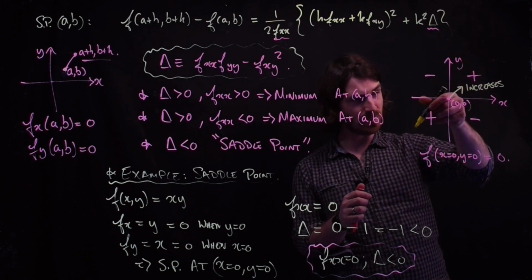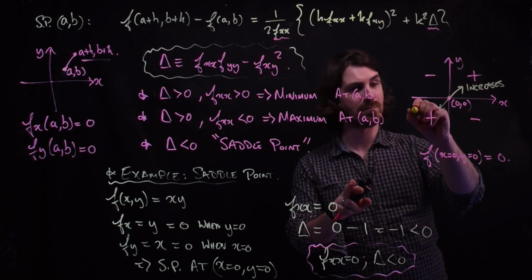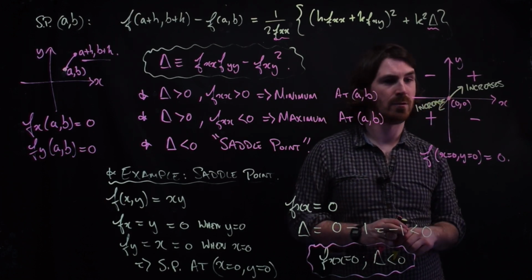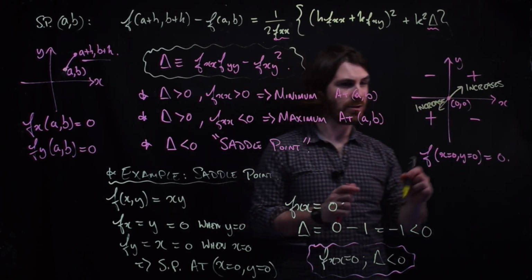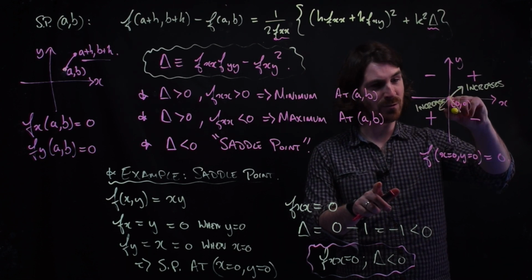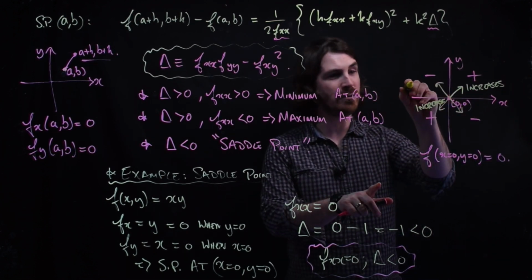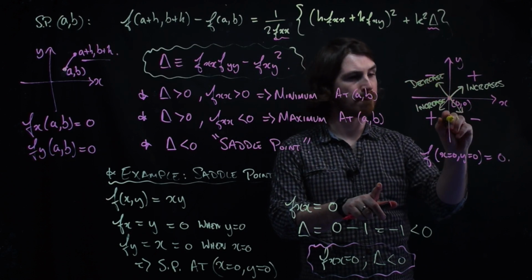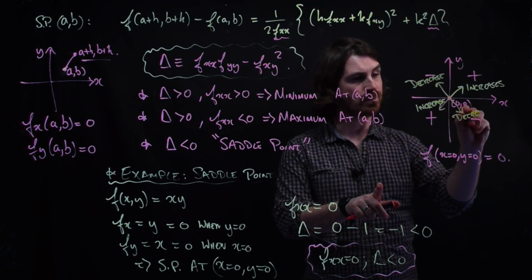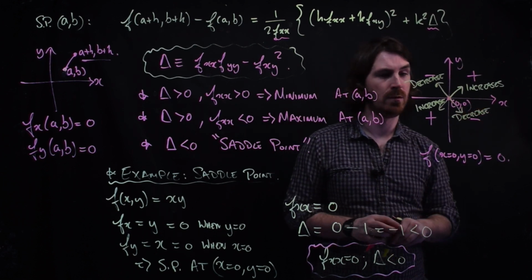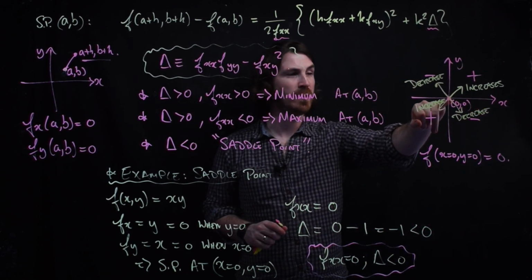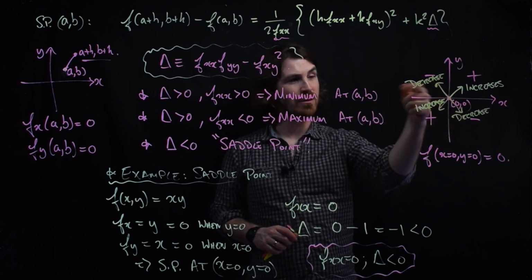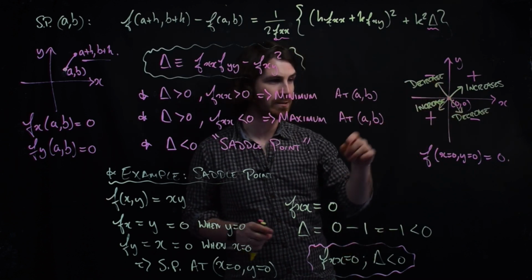If you move this way, you also increase the function. But if you move into this quadrant or this quadrant, then you decrease the function. So this is not a maximum or a minimum point. In one direction the function increases, but in the other it decreases. So we've got a saddle point.